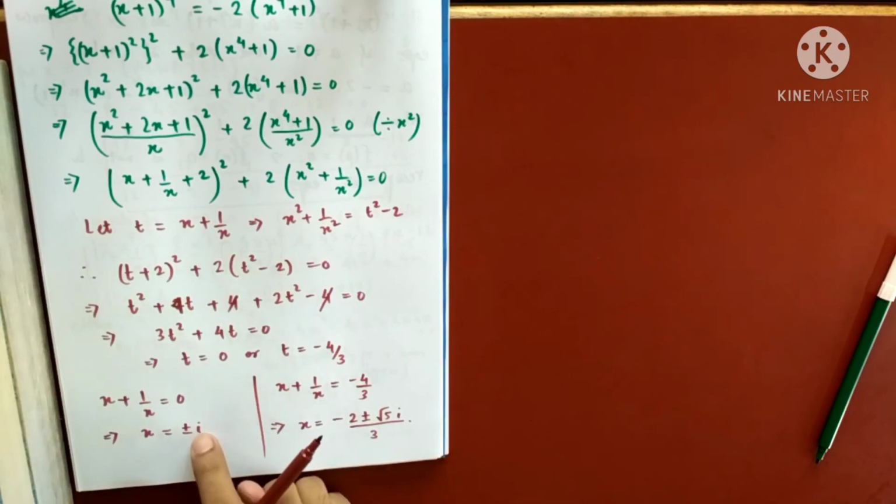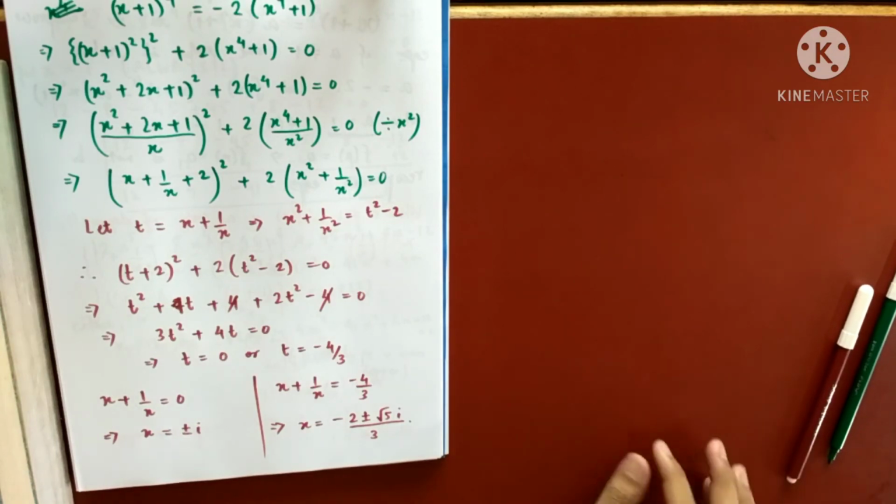You may check the reciprocal of i is minus i and the reciprocal of minus i is i. And you may also check the reciprocal of (minus 2 plus root 5 i) by 3 is (minus 2 minus root 5 i) by 3. So these are the 4 roots to the given equation when a equals to minus 2. Go through it.